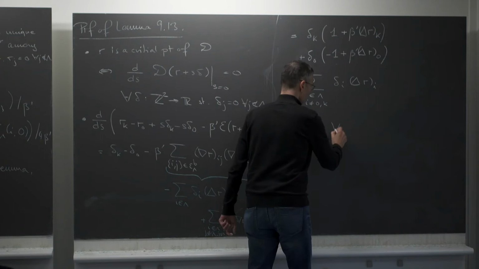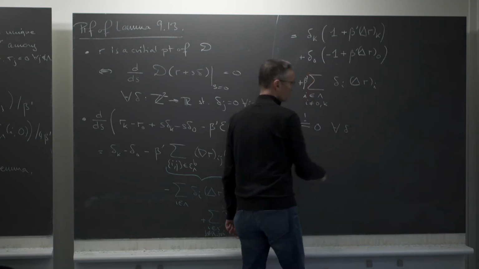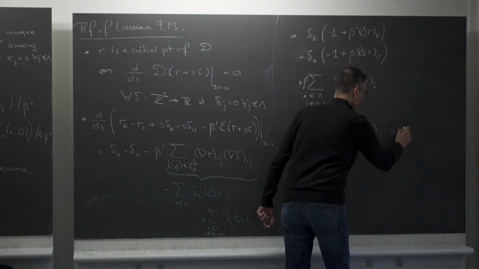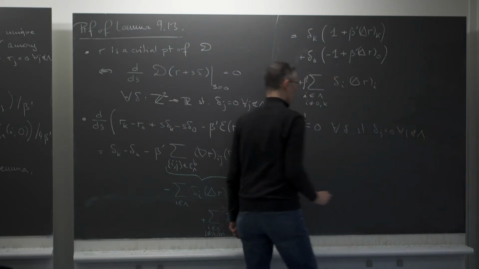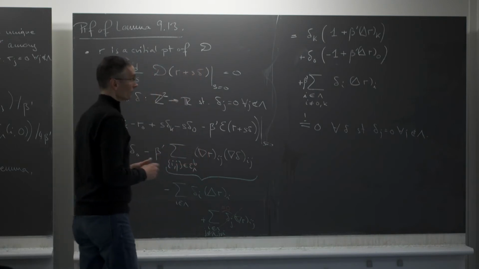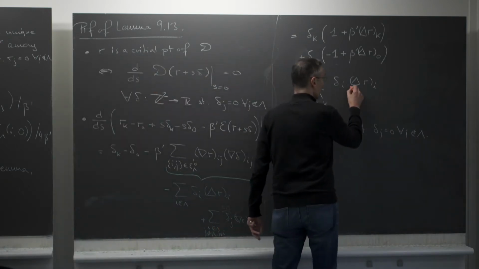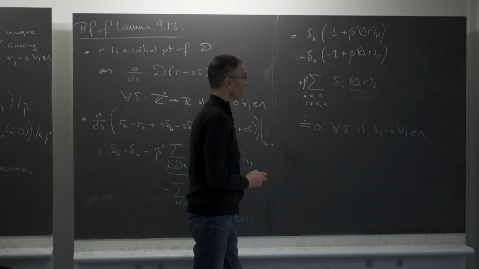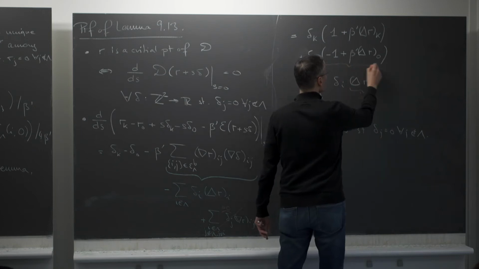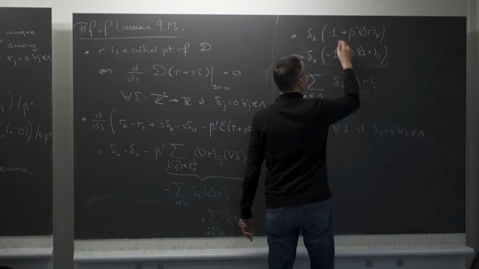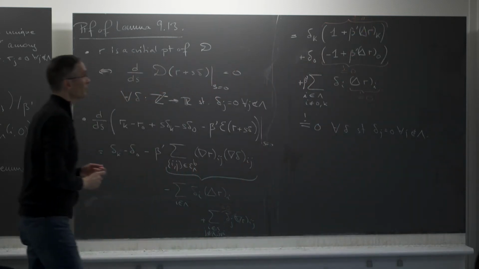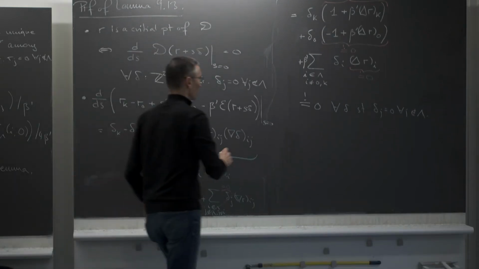We want this to vanish, so this has to be 0. For any delta with proper boundary condition, so such that delta j equals 0 for all j not in lambda. Okay. So again, this forces us to choose R in such a way that this guy is equal to 0. This has to be equal to 0. And then this has to be equal to 0. And this has to be equal to 0. Okay. So from all this, we deduce the following.